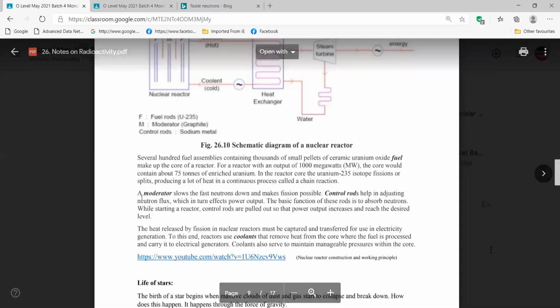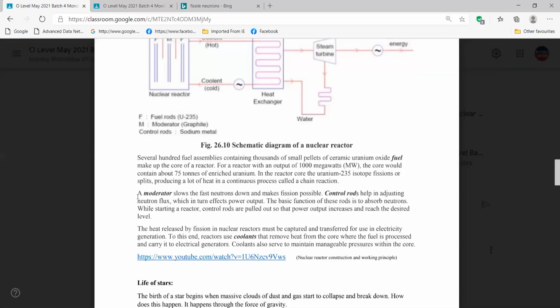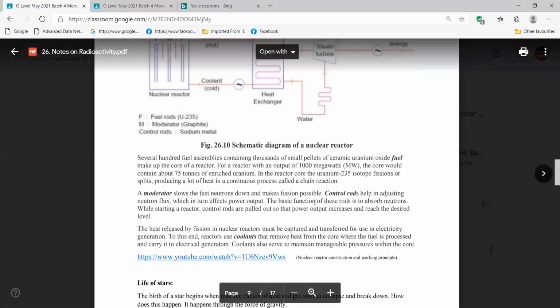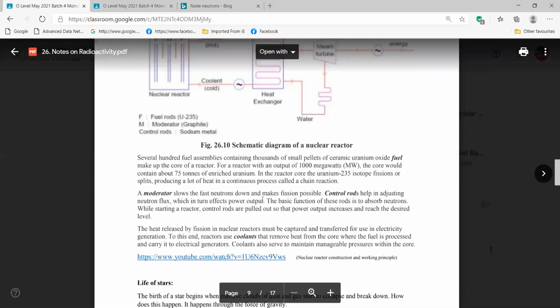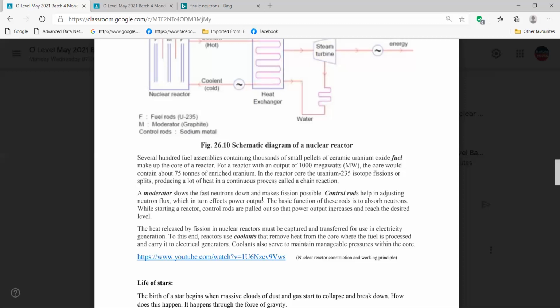Give a description of the moderator in one sentence, then control rods in one sentence, then coolants, so that you have some notes which you can recall easily later.